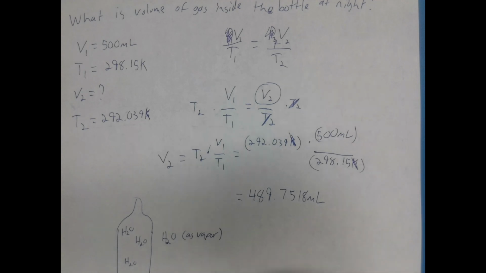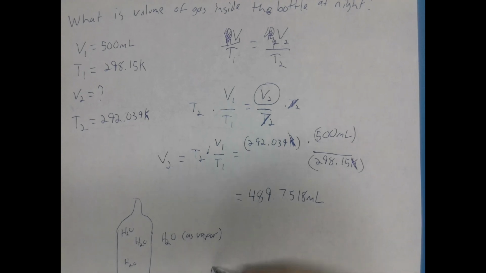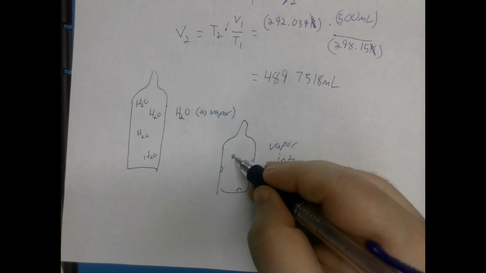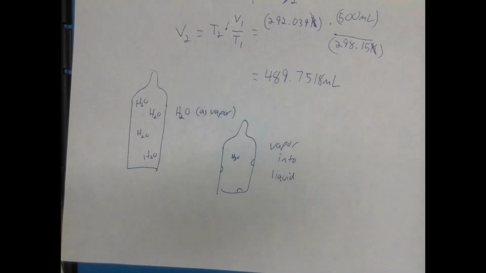What can happen is when your temperature drops, it'll form droplets around the side of it and turn from a vapor into a liquid as temperature drops, with a little bit of gas still floating around, just not as much.